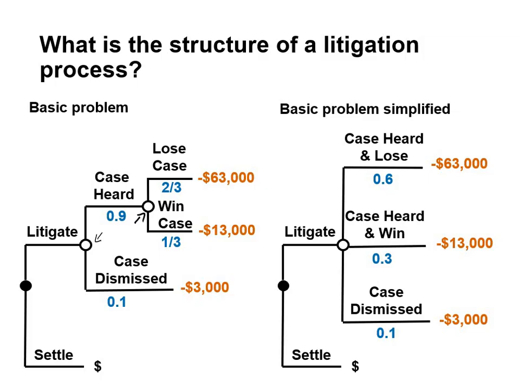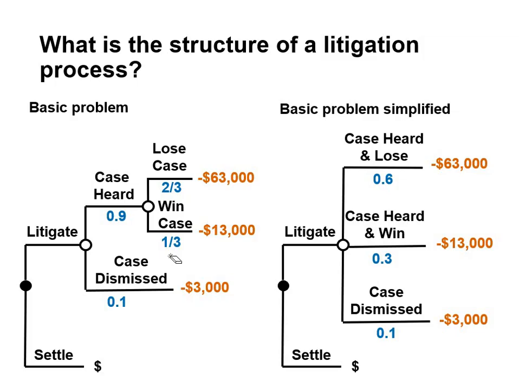Whenever we have two chance nodes in a row, we can just multiply through the probabilities and combine the two sequential chances into one. So the basic problem can be simplified: if you litigate, the case is heard and you lose, and that now has a probability of 0.6, which is 2/3 of 0.9.